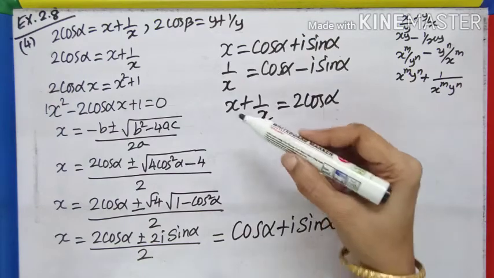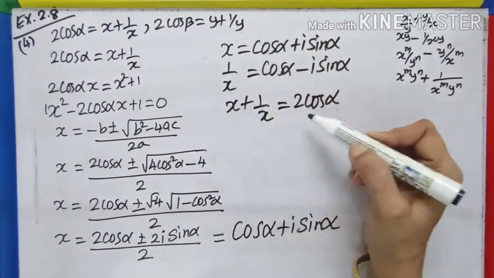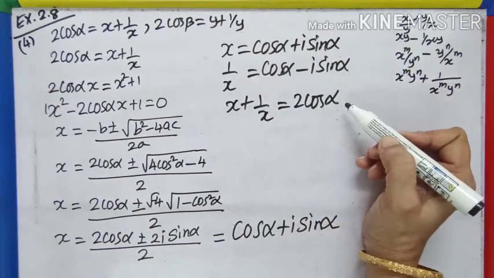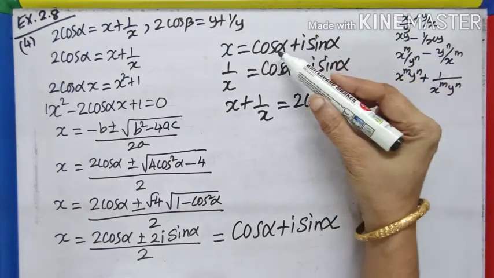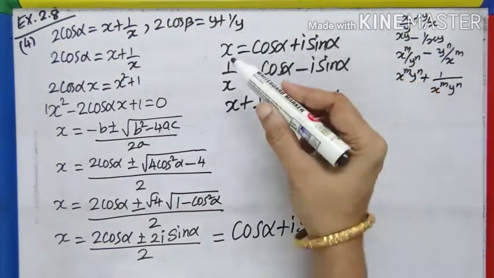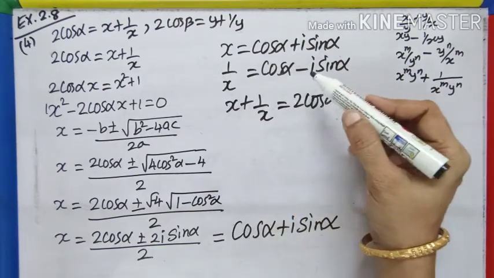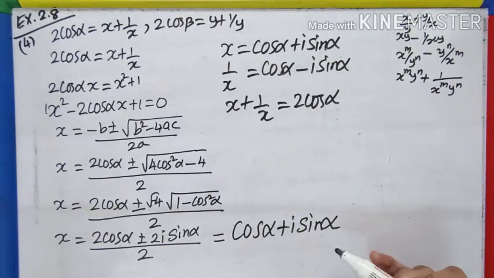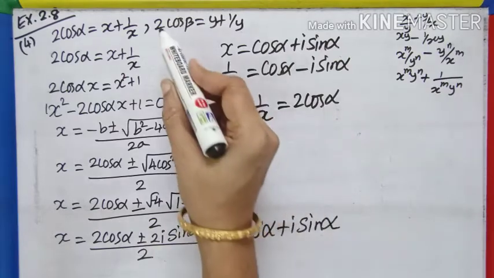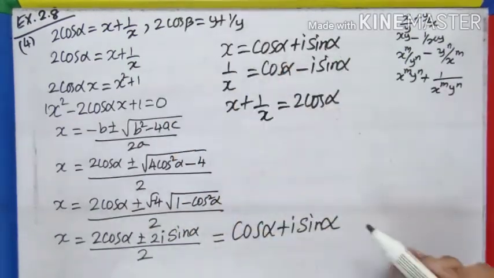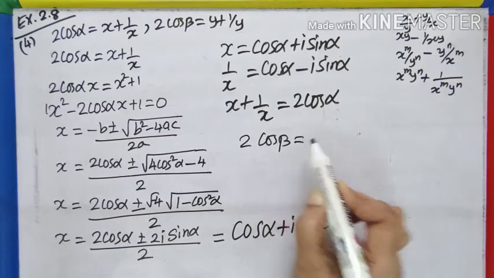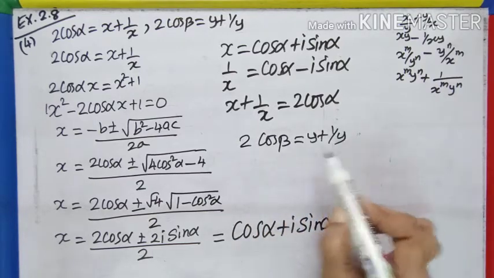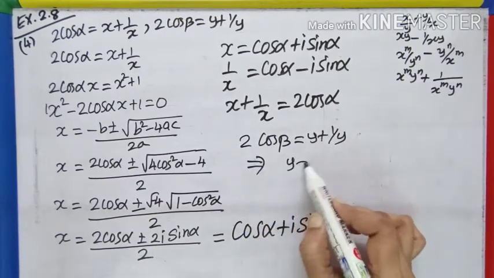So whenever they give you x plus 1 by x is 2 cos alpha, you can immediately declare x is cos alpha plus i sin alpha and 1 by x is cos alpha minus i sin alpha. Similarly, 2 cos beta equals y plus 1 by y implies what would be y?